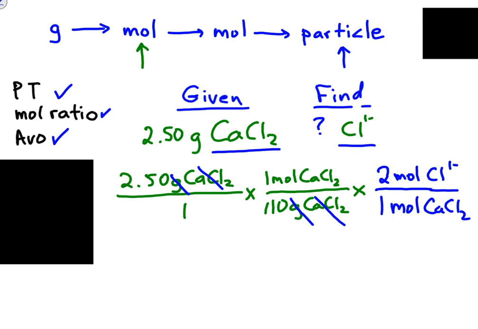Yes? Because in the molecule, right here, one molecule has how many calciums? How many chlorines? Yeah. That's why this has to be 2. Okay? Because the number of atoms in the molecule becomes a mole ratio.